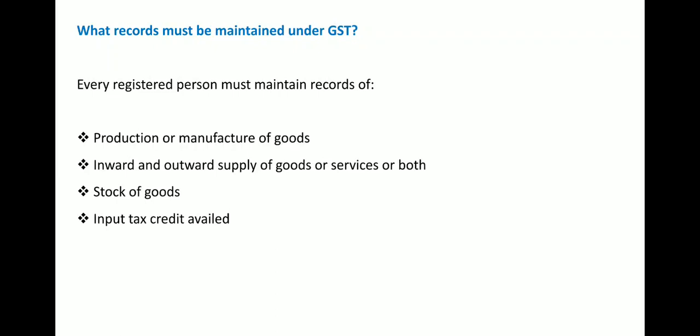And then input tax credit availed: what sort of amount is availed as input tax credit. I think you might know what input tax credit is. Whenever a dealer purchases something and pays the tax to the seller, and then sells the same goods to another retailer or wholesaler, he gets back the amount of tax which was paid earlier to the seller.